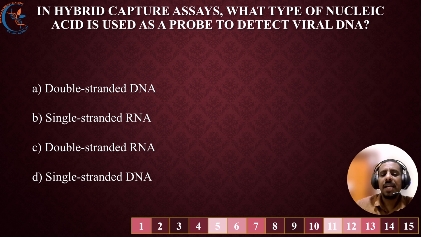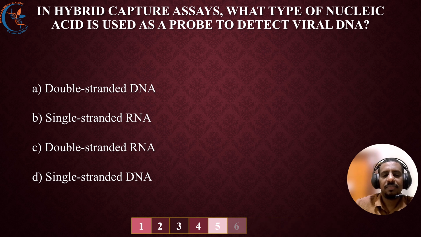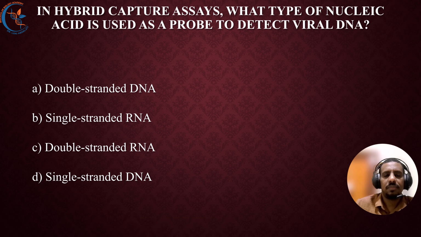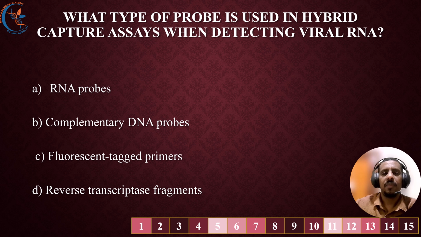In hybrid capture assays, what type of nucleic acid is used as the probe to detect viral DNA? Hybrid capture uses single-strand RNA probes to bind specifically to viral DNA targets. Let's move on. What type of probe is used in hybrid capture assays when detecting viral RNA?